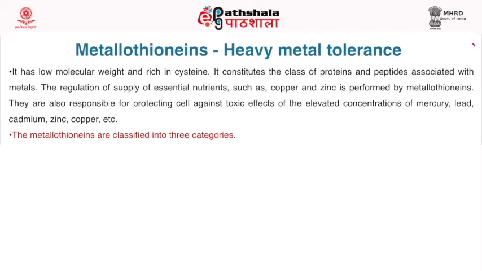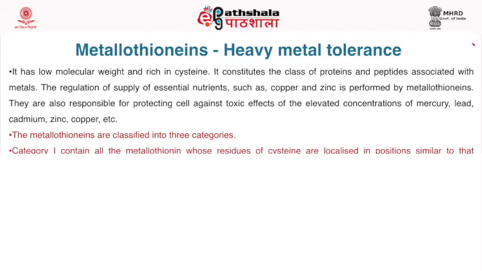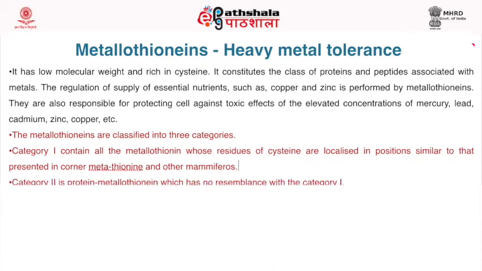The metallothioneins are classified into 3 categories. Category 1 contains all the metallothioneins whose cysteine residues are localized in positions similar to that presented in mammalian metallothionein.